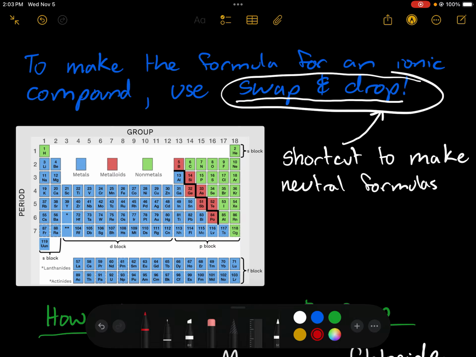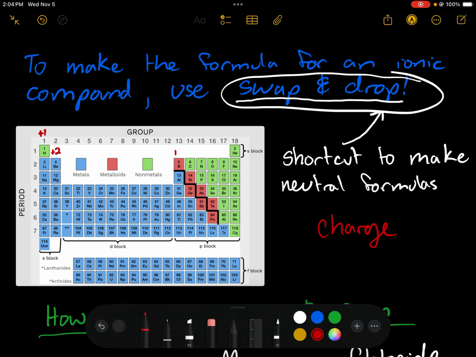To do swap and drop successfully, you need the charge of various ions. On the periodic table, depending on the group that an element resides in, those elements tend to have specific charges. Anything in group 1 tends to have a +1 charge. Group 2 tends to have a +2 charge.